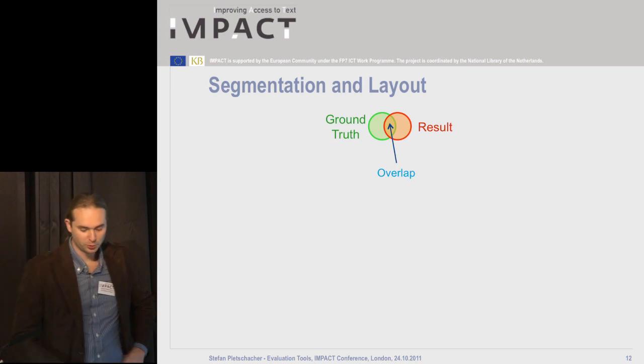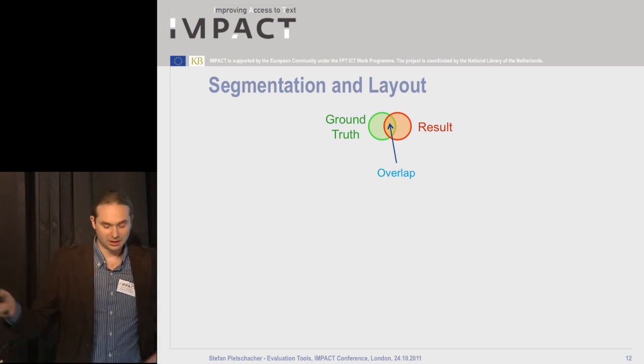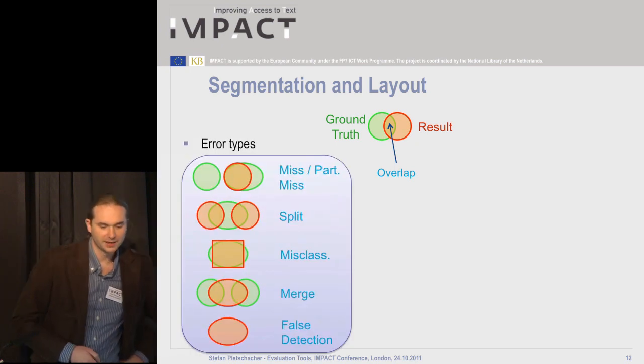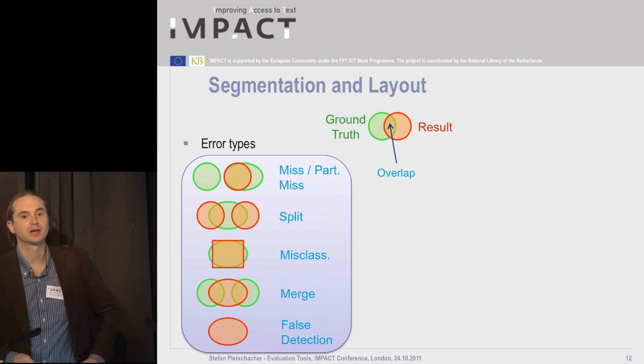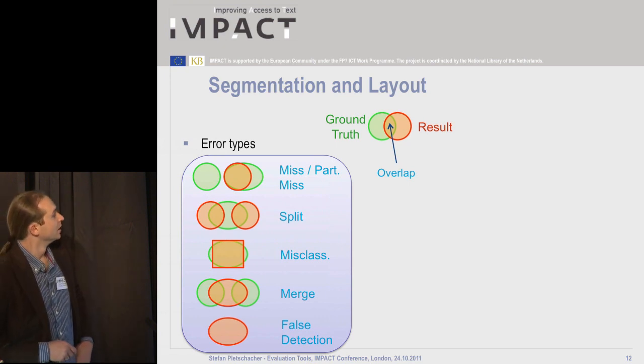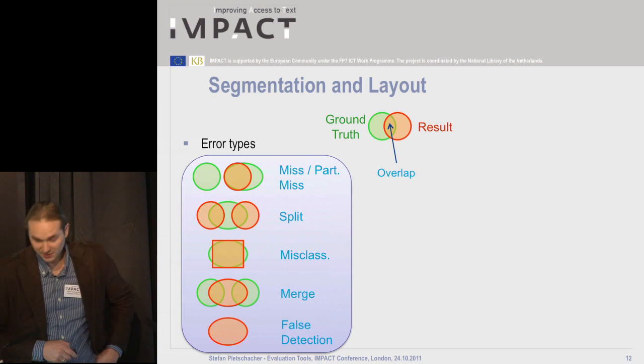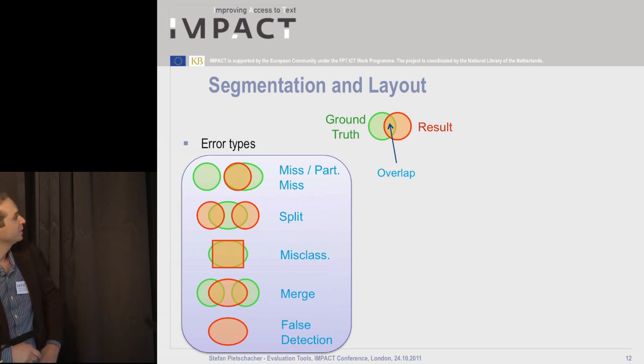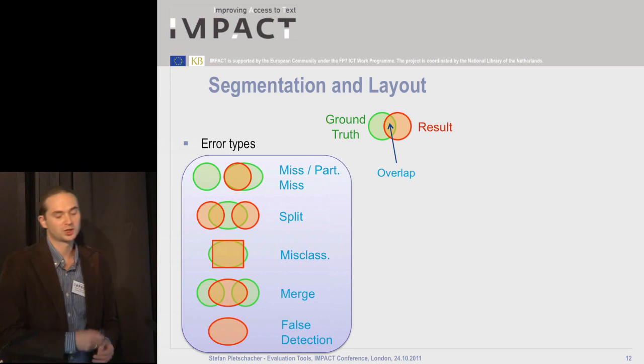So what we can measure as for our metrics is different error types, and the most obvious thing probably is missed regions. So that means there's something in the ground truth and it's not overlapped by any region result at all. So that means segmentation just missed it completely.